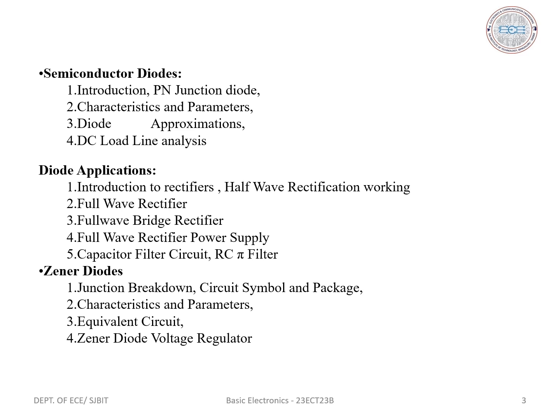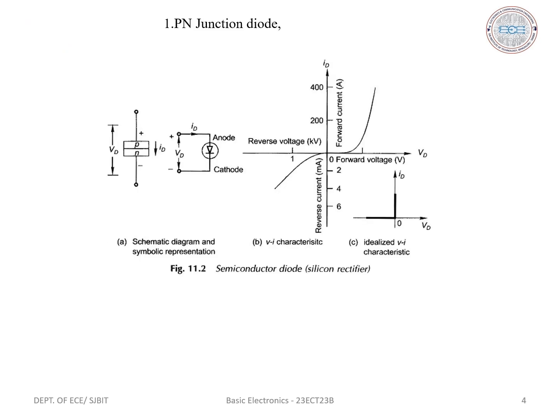Next, we have the PN junction diode. The PN junction forms the semiconductor device called a semiconductor diode. The meaning of the term diode is a device having two electrodes. The diode has two electrodes, one for each of the two regions on either side of the junction.